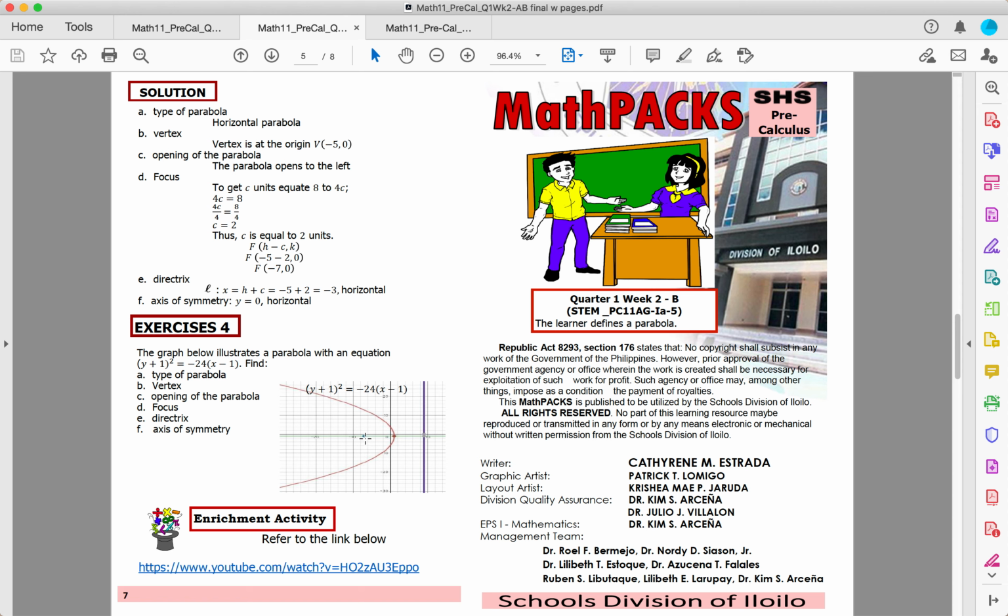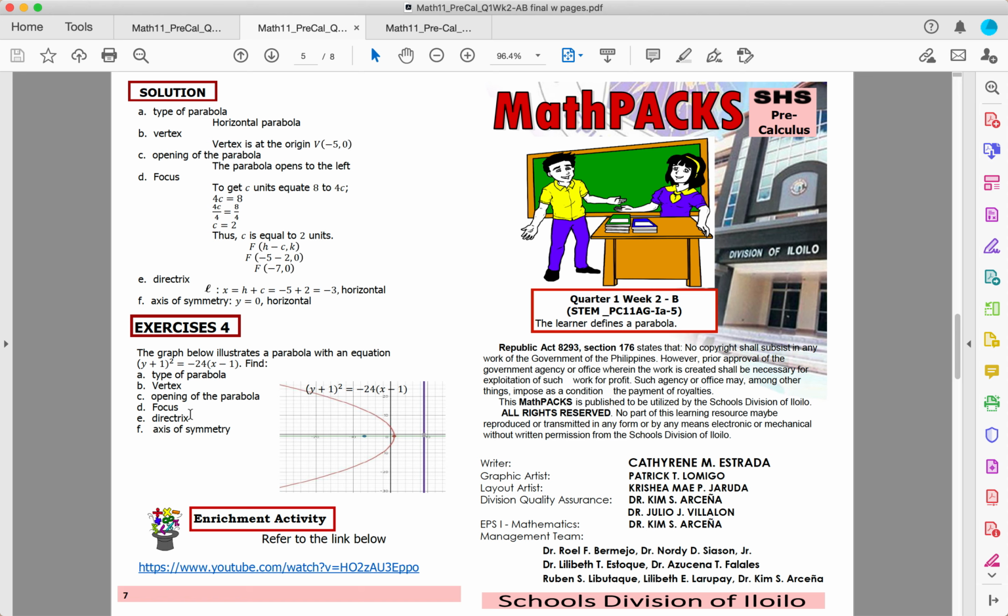So this would be -5 for the x coordinate of the focus. And since it's aligned with the vertex, it will follow the y coordinate of your vertex, which is -1. So therefore, the focus is at (-5, -1).